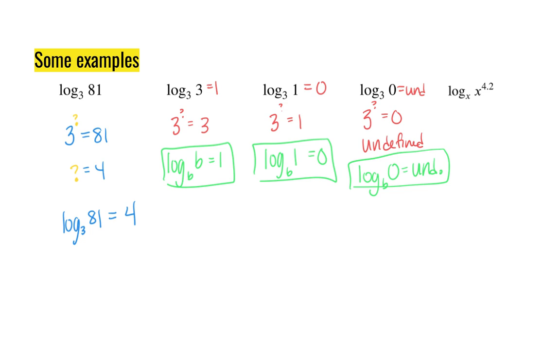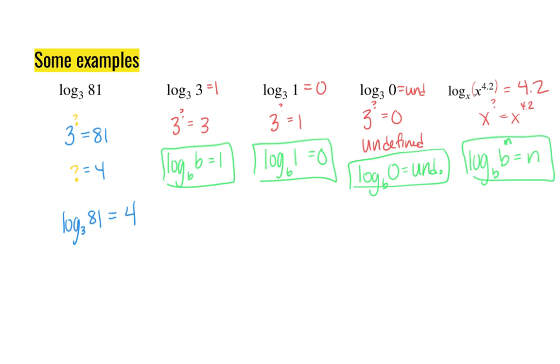Okay, last one. X to what power equals everything in there? X to the 4.2. When I write it as an exponential expression, it's a little bit easier to see clearly that that's just 4.2. So this is just equal to 4.2, and this gives us yet another rule with logarithms. If I have a logarithm with a base of a base to some number up here, that's going to equal n.